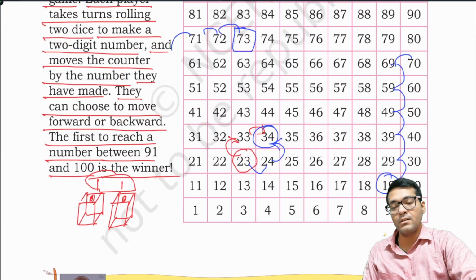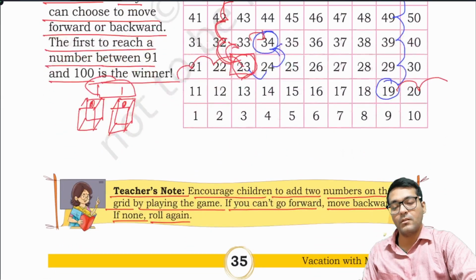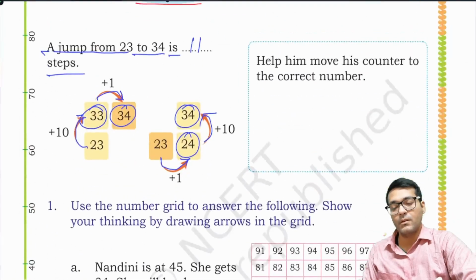Another way of doing that, he can move 4, 1, 2, 3, 4, and then moving 50. That is 10, 20, 30, 40, and 50. Again he will get on to 73. Help him move his counter to the correct number.